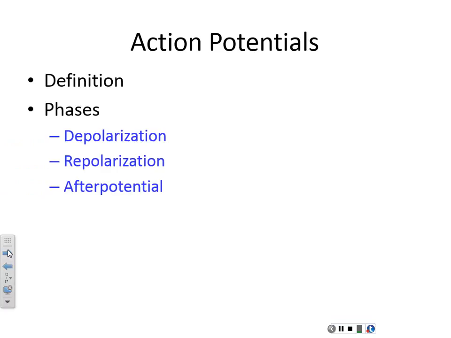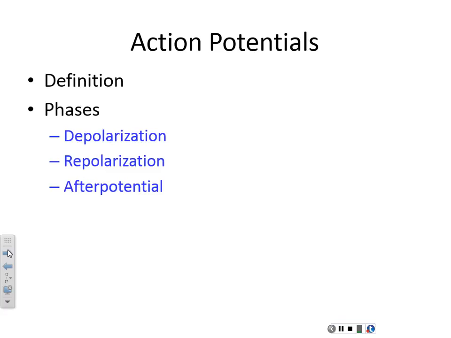These are large membrane potentials that reach threshold and are propagated along the axon. It will go to maximum depolarization and then come back down again. And when that happens, it generates a current that stimulates the next part of the membrane.